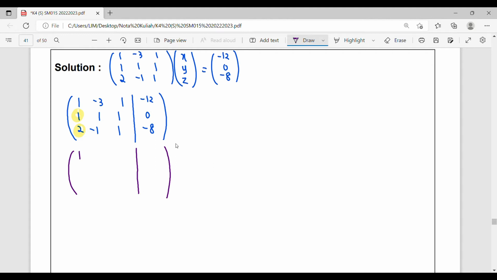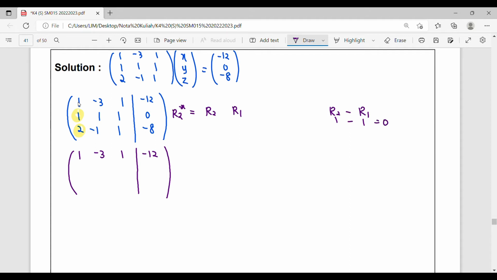So row 1, nothing is going to change. We only change row 2 and row 3 so that this entry will be 0, and this entry will be 0. So for row 2, the change will be row 2 operated with row 1. Our row 2 value here is 1, and row 1 value is also 1, so we can just subtract to get 0.